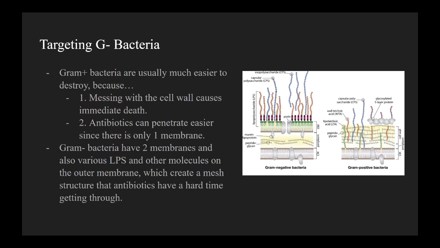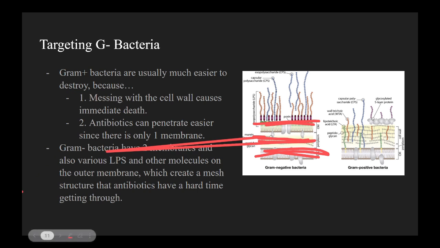Whereas for gram-negative bacteria, you have two membranes. So remember, membrane 1, membrane 2, outer and inner membranes. Then you have this thin cell wall in between. So they have two membranes, first of all, so it's harder to penetrate through. Then again, remember, we have these lipopolysaccharides, LPS, sticking out of the membrane like this.